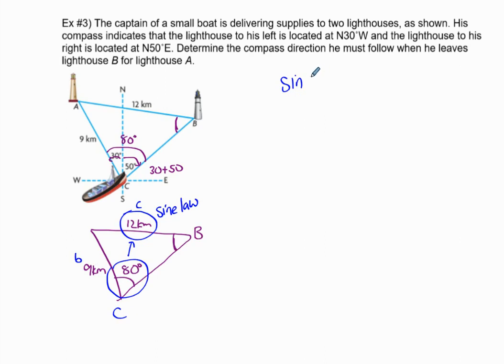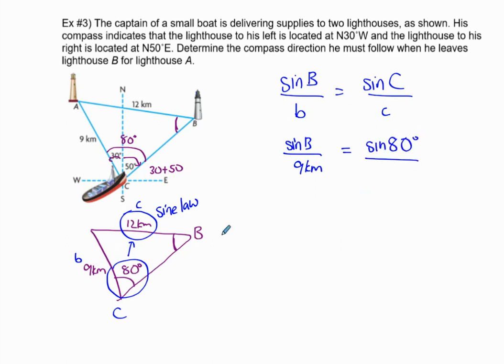So sine of B over b equals sine of C over c. So an angle and its opposite side. So sine of B is what I'm looking for. Substituting in, little b is 9 kilometers, equals sine of C, where C is 80 degrees, and side c across from it is 12 kilometers.